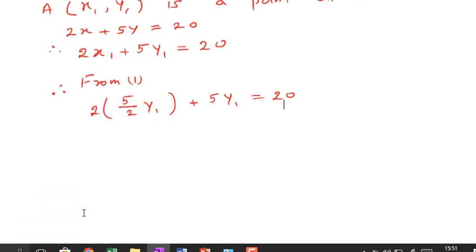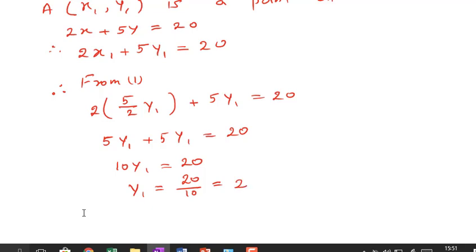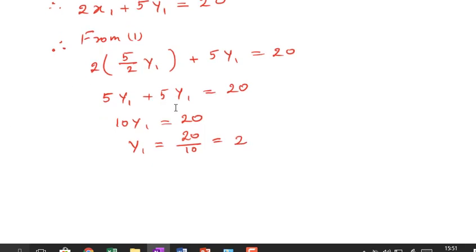Now the 2 and 2 cancel and I have 5y1 plus 5y1 equal to 20. This gives us 10y1 equal to 20, so y1 equals 20 upon 10, which is 2. So the value of y1 is 2.